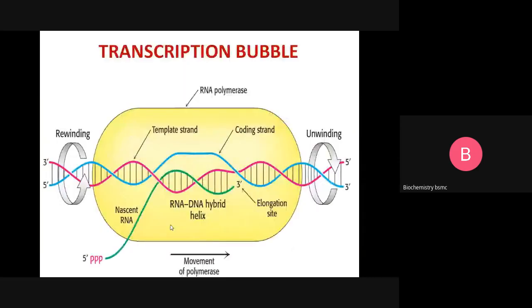And it leads to a positive supercoiling in the 3' end of the coding strand. To relieve the tension, to relieve the stress, the DNA undergoes unwinding. The DNA undergoes gradual unwinding ahead of the 3' end of the coding strand.